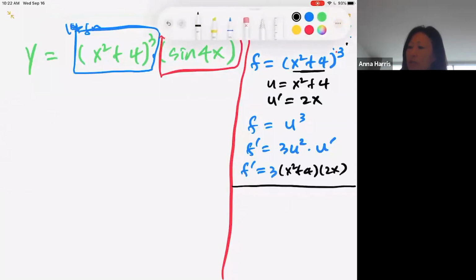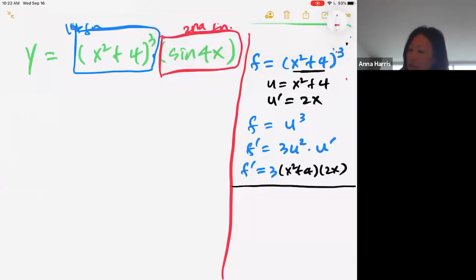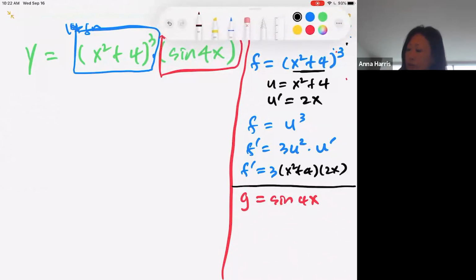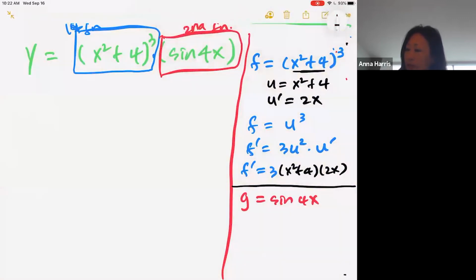Now I'm gonna do g. My g is equal to sine 4x. And you're gonna tell yourself, okay, I'm gonna do u substitution. In this case, my u. I mean, if you want, you can call it a different letter. It doesn't matter. I call it u, but I can call it b. So I'm gonna call this my b. So my b is equal to 4x. Then b prime is equal to 4.